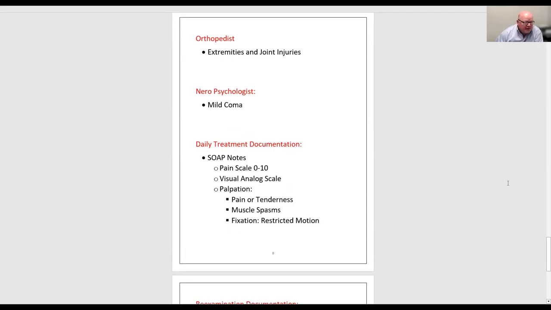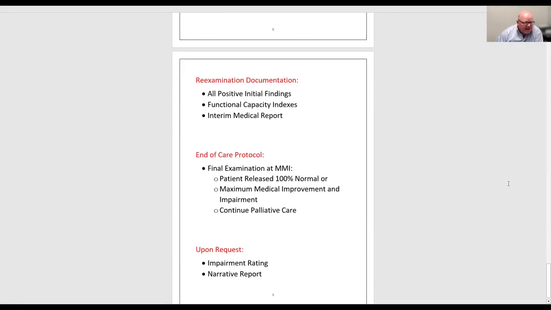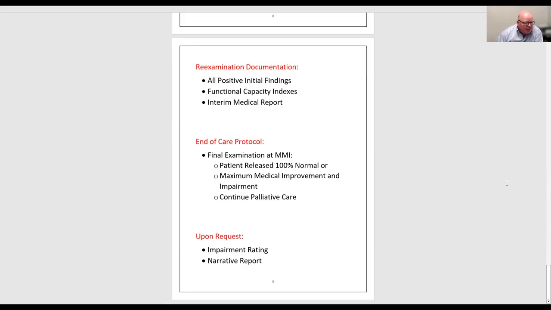That's the typical SOAP note to substantiate the need for care. Of course, we go into detail with all that. And then, of course, the re-exam procedures to the end of care protocols and treatment procedures. And then it all ends up with the MMI impairment rating and then the narrative report.